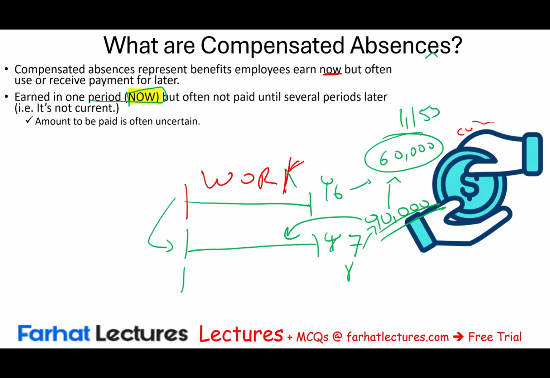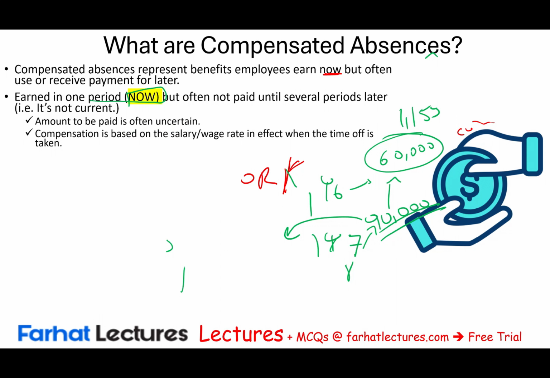If you are making $90,000 per year, your weekly rate is $1,730. They have to pay you this $1,730. That's why they say the amount is uncertain. Compensation is based on the salary or wage in effect when the time is taken. That's why we don't know exactly.